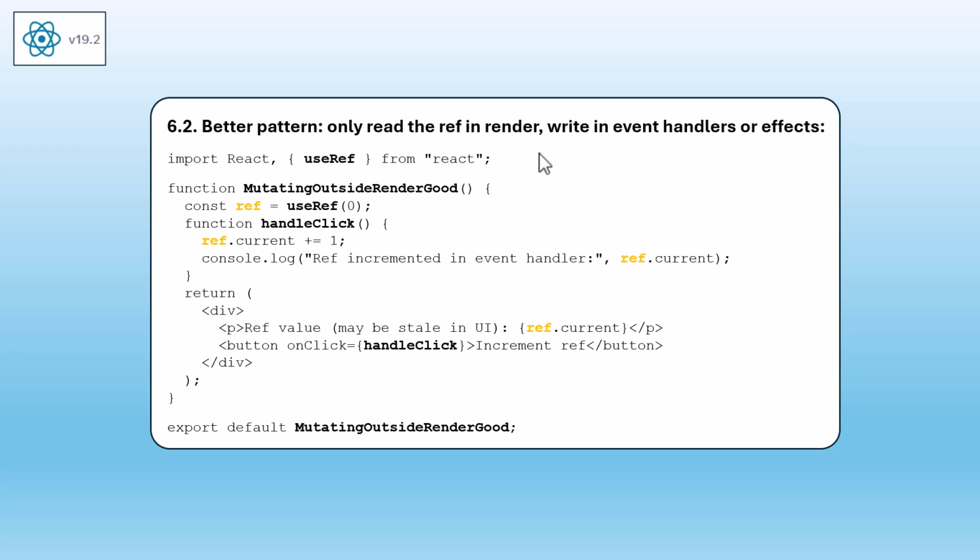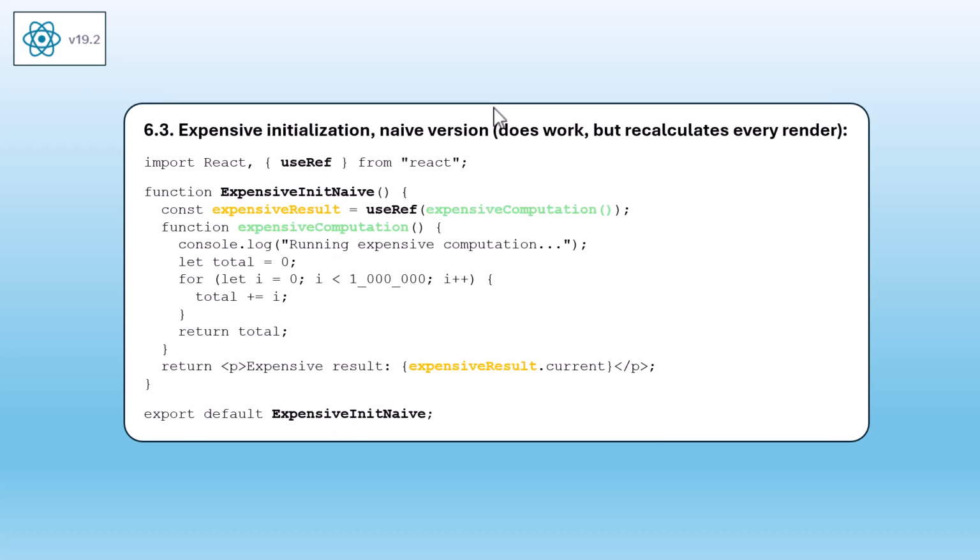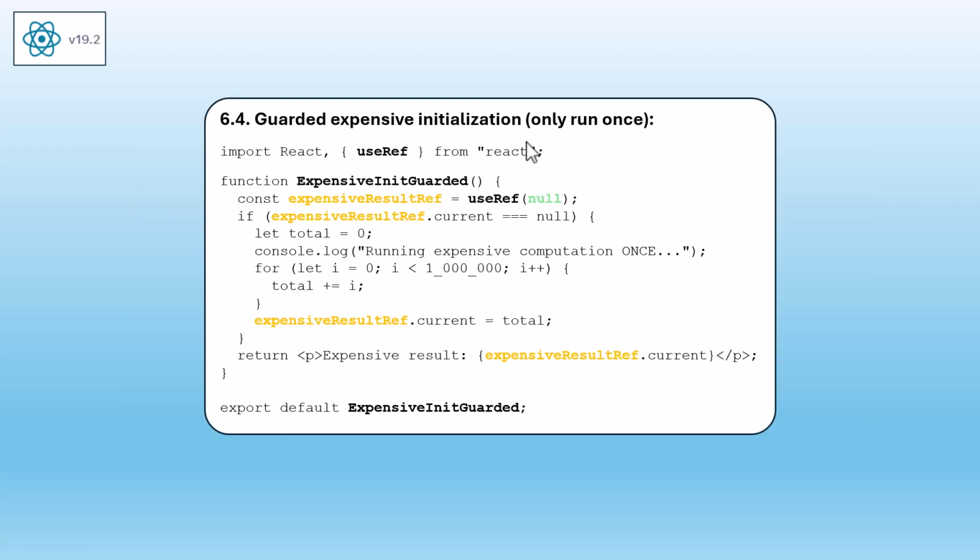Because changing it won't trigger a render, the displayed UI might become stale or inconsistent. When initializing a ref with a complex or expensive value, if you do so directly inside the render, you may inadvertently repeat work every render even though the ref value is only used once. In those cases you might apply a guard to only create the instance the first time.